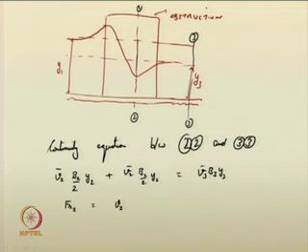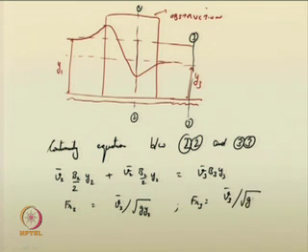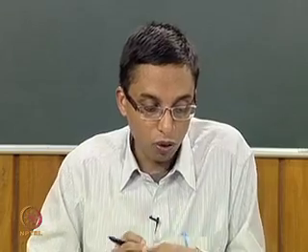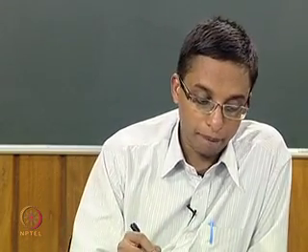So, we can suggest that Fr2 is equal to V2 by root g y2, Fr3 is equal to V3 by root g y3. At both the sections, we can find the Froude numbers. So, this continuity equation can be developed like this. I can form a particular relationship now.